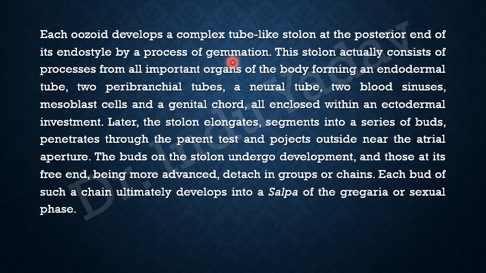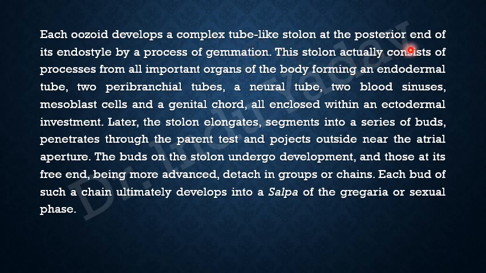So in the stolon also there are some cells which develop into the new individuals. So this formation of new individuals by budding is known as gemmation.